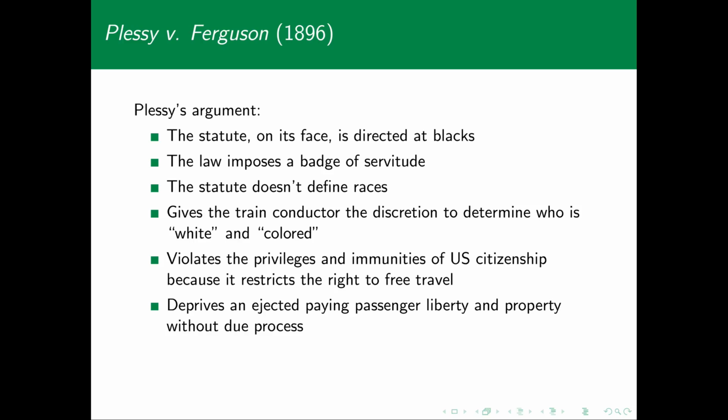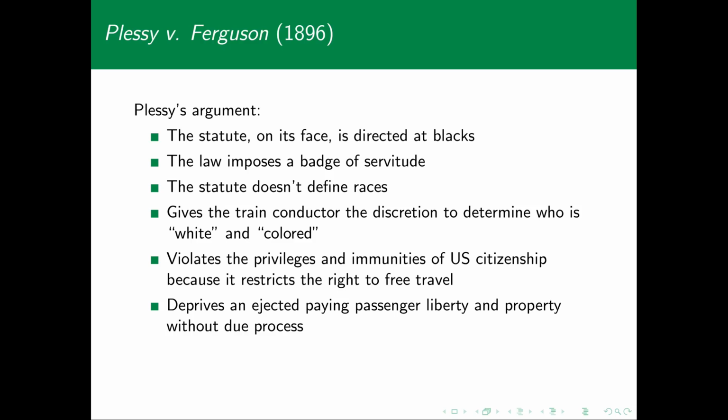This is sort of an interesting one. They bring in the due process element, and they say a paying passenger is deprived of their liberty and their property without due process. So you buy a train ticket and you get on. That train ticket is your property, and then you have the liberty to be on the train. Well, they get ejected without due process, and because it's a state railroad, that is technically a state action.